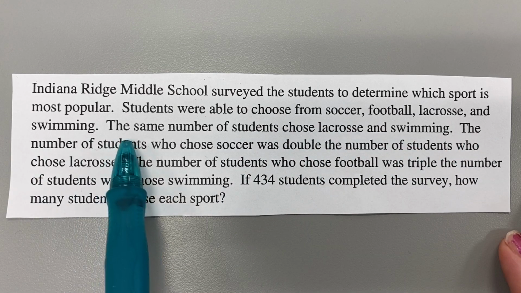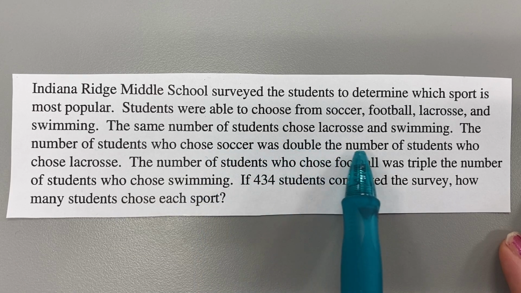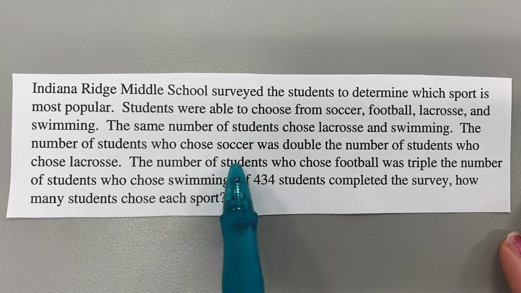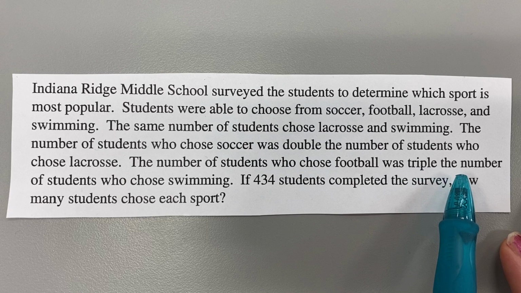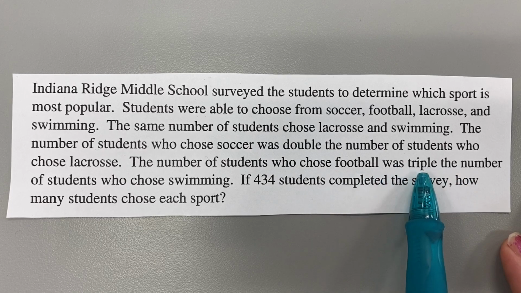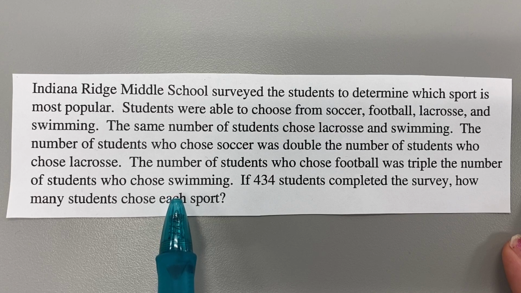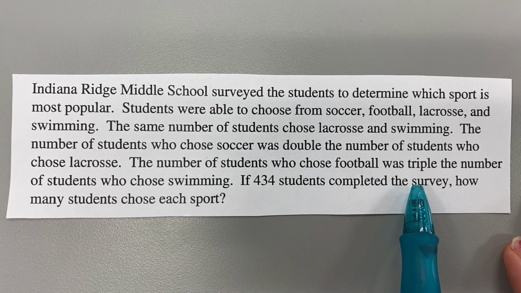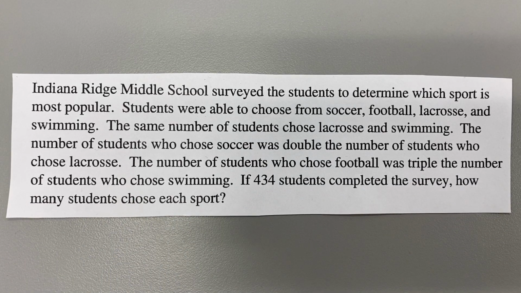The number of students who chose soccer was double the number of students who chose lacrosse. The number of students who chose football was triple, that means 3 times, was triple the number of students who chose swimming. If 434 students completed the survey, how many students chose each sport?